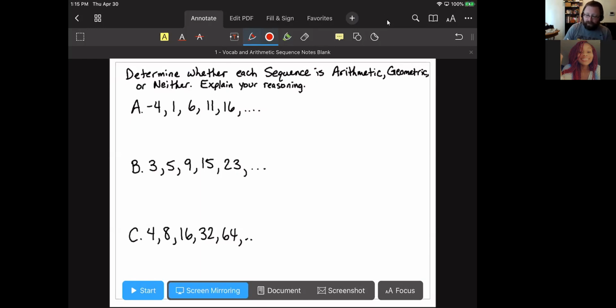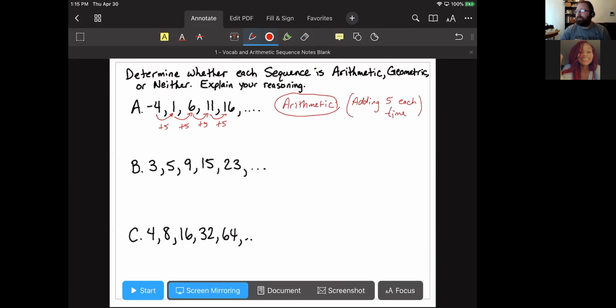So we go in here and we find a pattern. Well, -4 plus 5 is 1. 1 plus 5 is 6. 6 plus 5 is 11. 11 plus 5 is 16. So we have a common difference of +5. We're adding 5 every time. That makes this an arithmetic sequence, because the pattern is we are adding 5 every time.